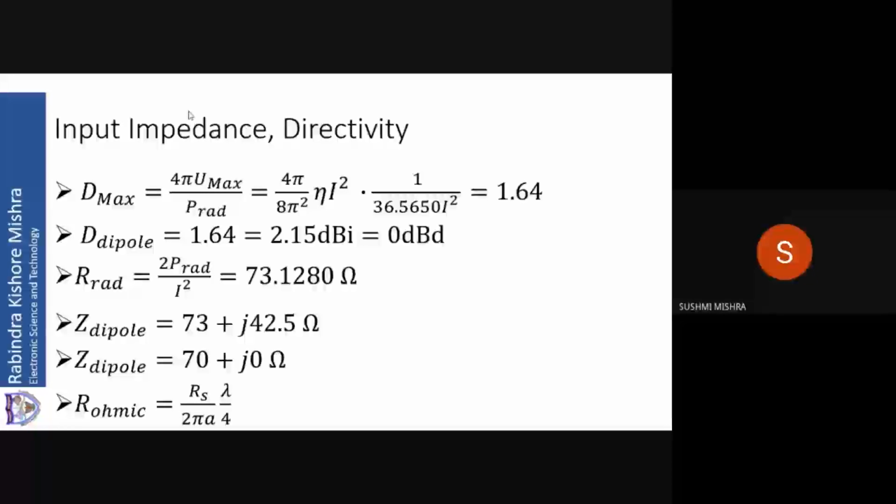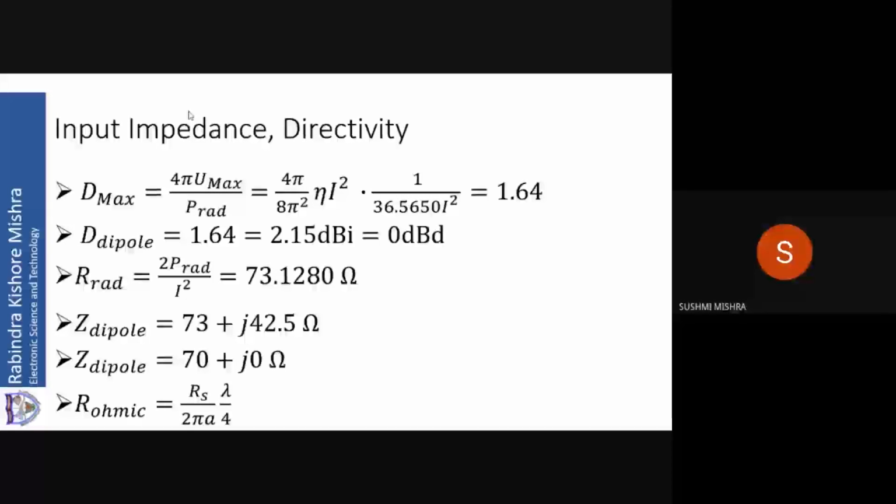For a dipole, instead of comparing with the isotropic dipole, if you are going to compare directivity of other antennas with dipole, then in this case it will be comparison of directivity of the dipole with itself. So if I take their ratio, it is 1.64 divided by 1.64.